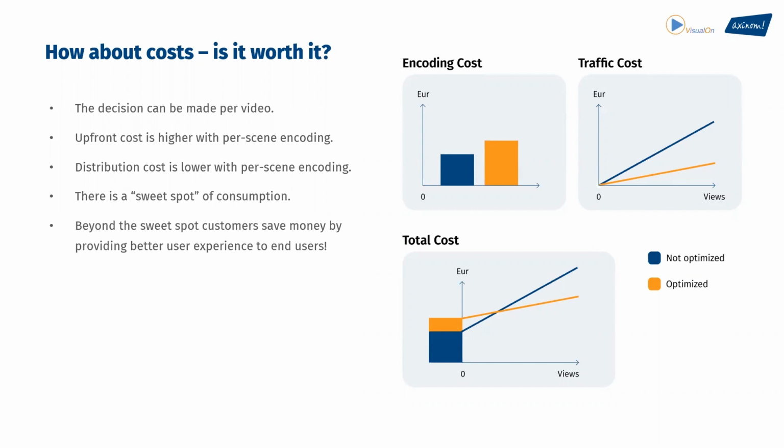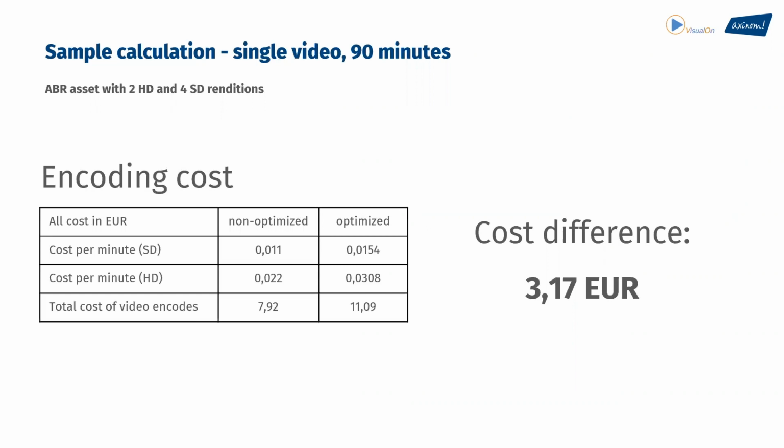However, there's this point where the lines cross, and from that point on, the non-optimized version is even more costly than distributing the optimized version. And so let's now have a look at where this point actually is. And this is shown on this slide.